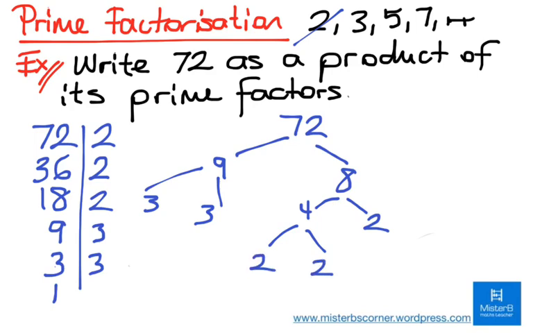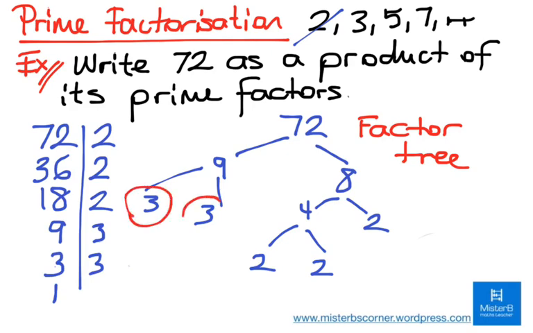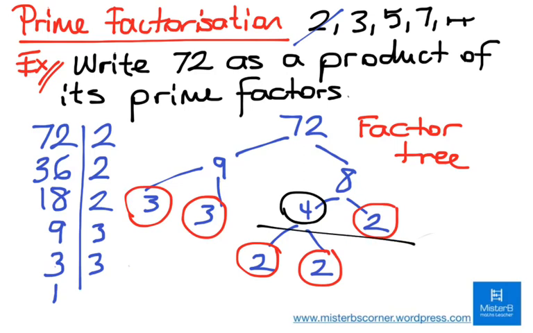Now the key in this factor tree, right, this is called the factor tree. The key is that you have to end up with prime numbers. If you don't end up with a prime number, then it's a composite number, so you can still break it into factors, like 4 here. If I stop here at this level, it would be wrong because 4 is not prime.